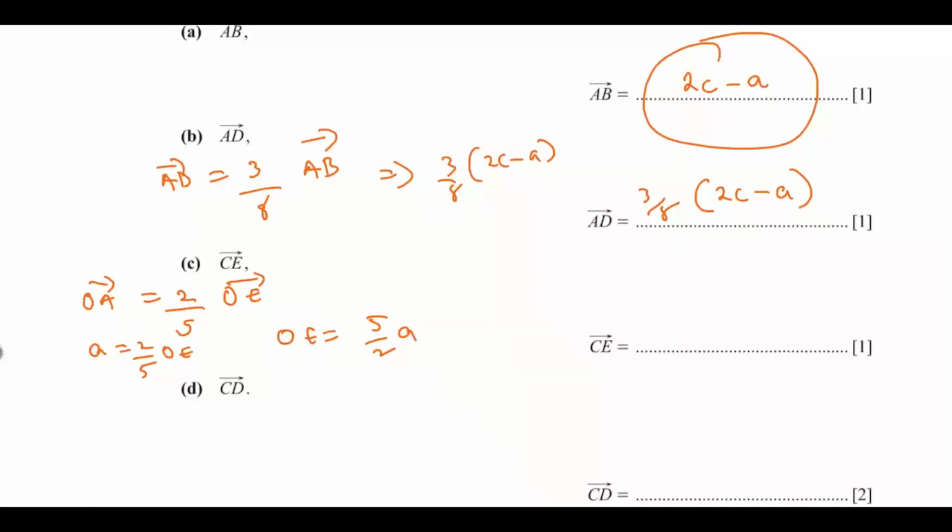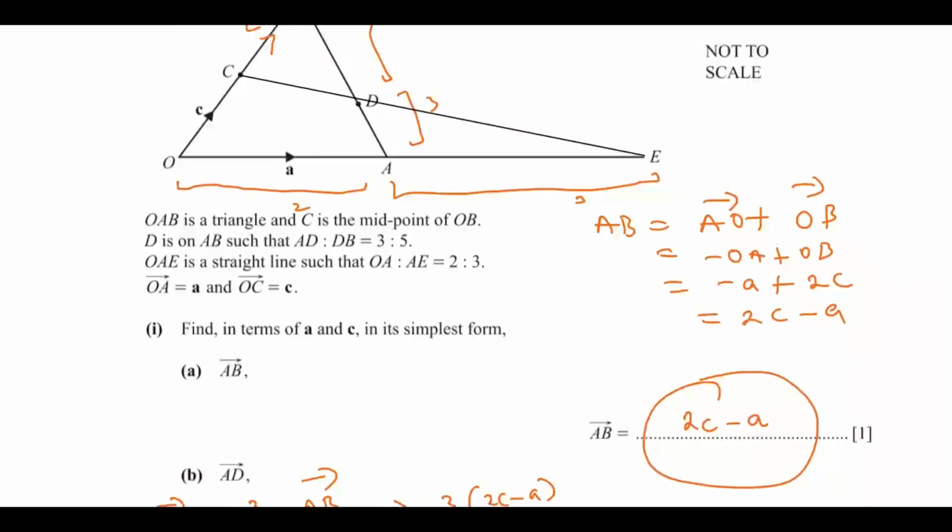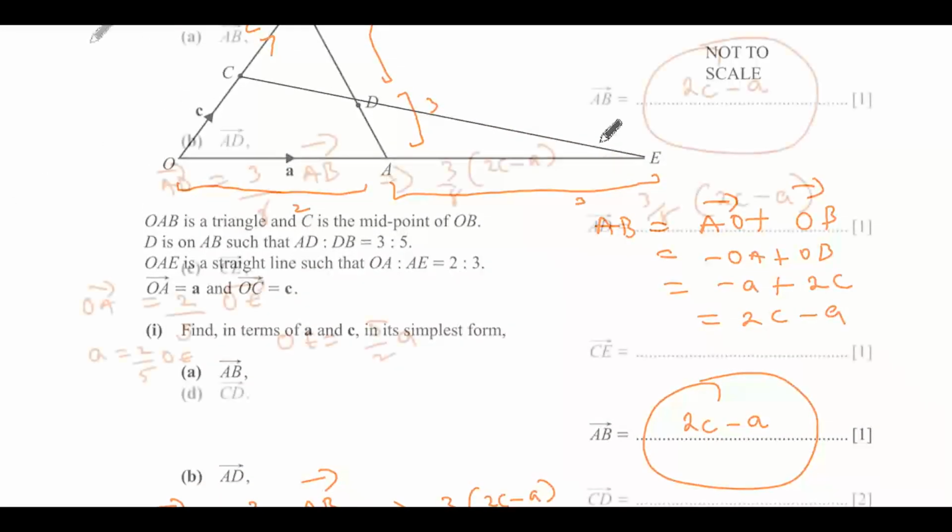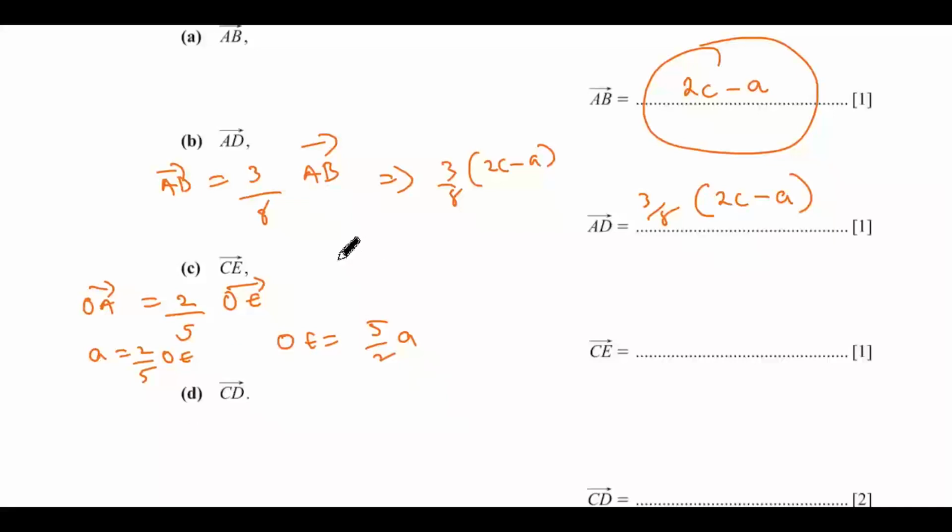Now that we know OE, it is easy to find CE. CE equals CO plus OE.